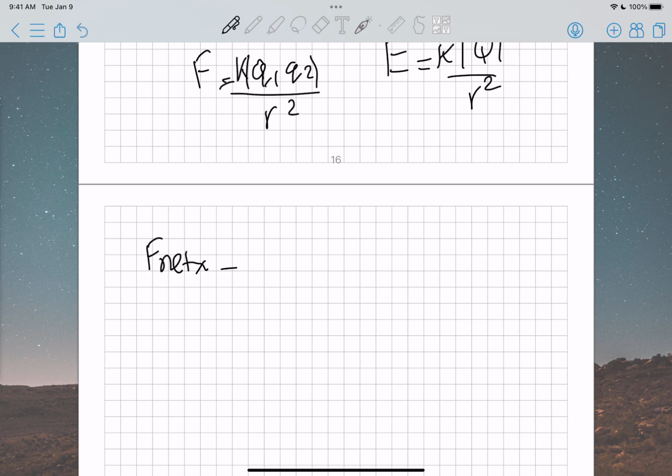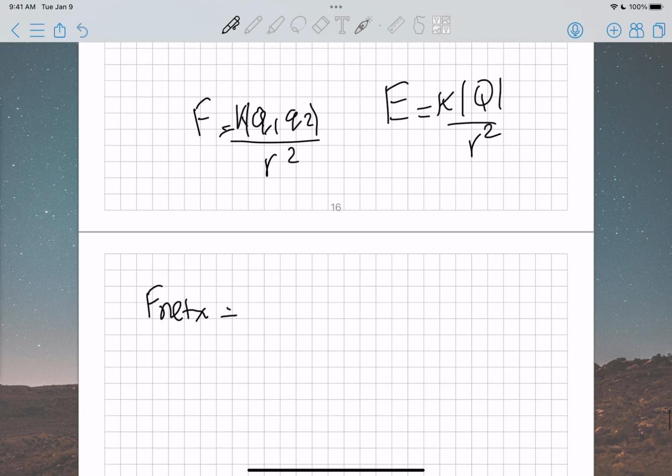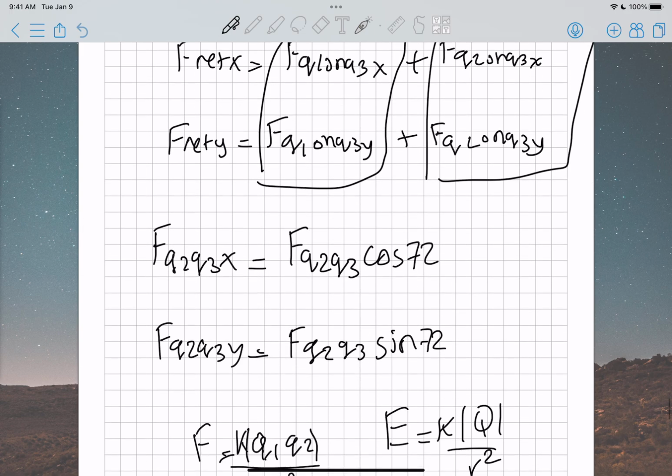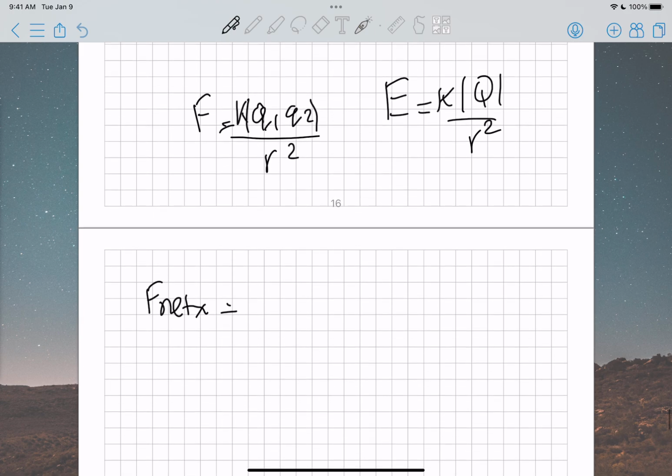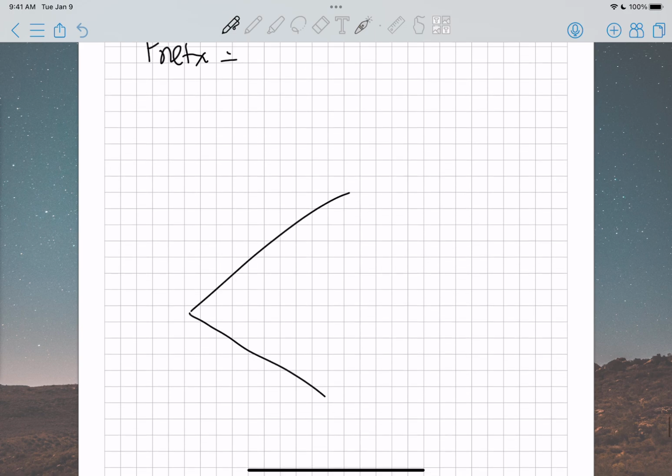So F net x, and that would be equal to what? So Q1 on Q3 x. All right, let's look at that first. Q1, Q3, and Q2, right?